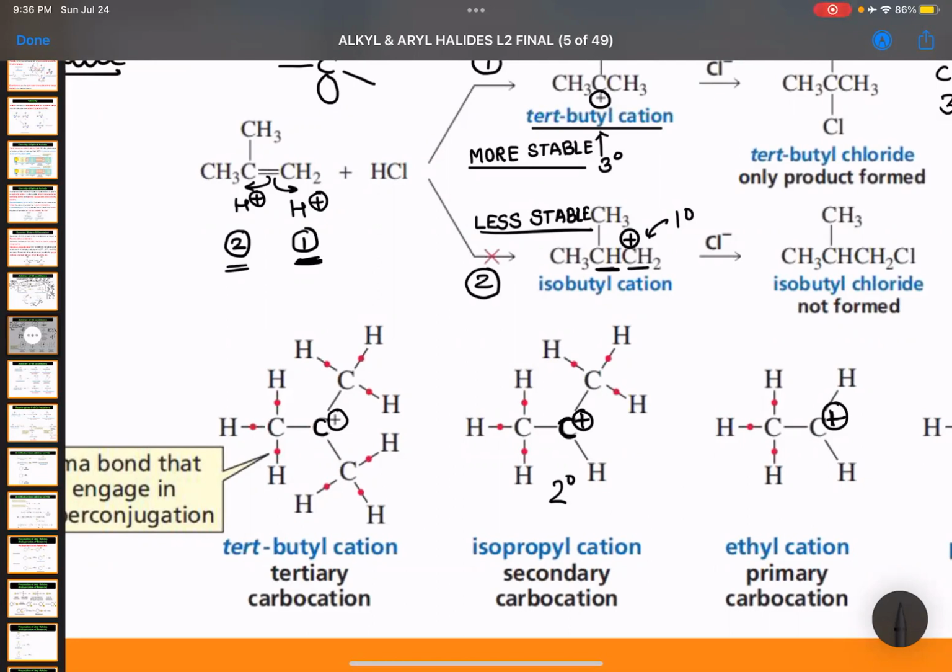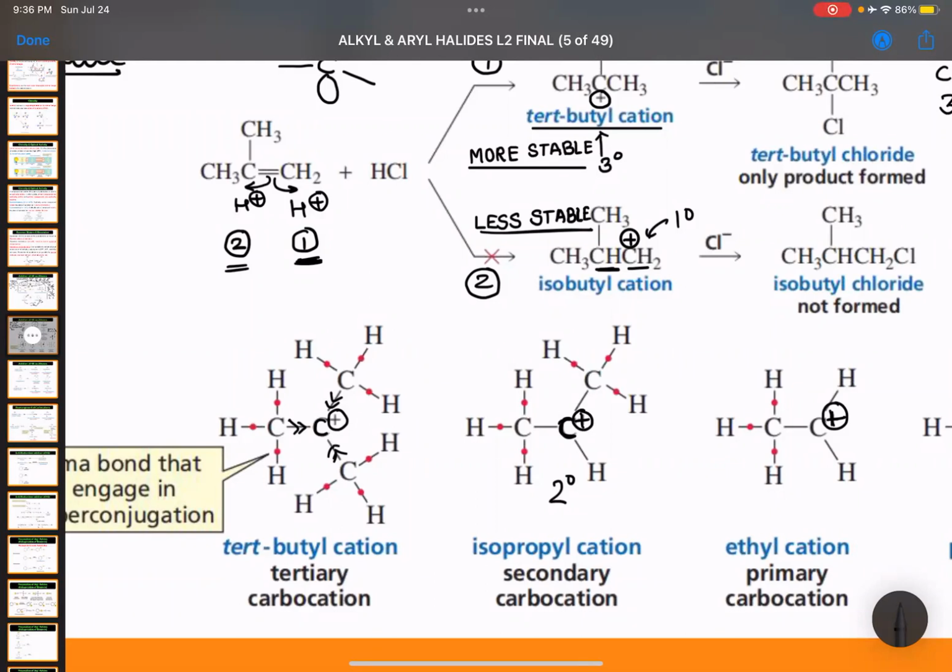Actually, there are two factors. If the carbon atom bearing the plus charge is connected to three carbon atoms, it means it is connected to three branch groups. You can think of these as three alkyl groups. Alkyl groups are not very electronegative.